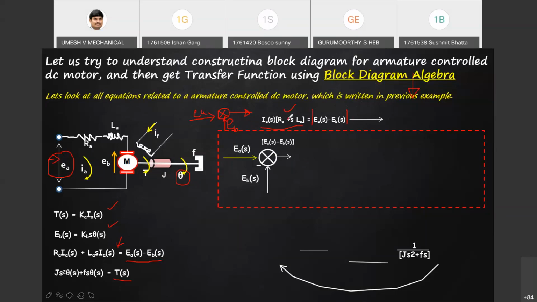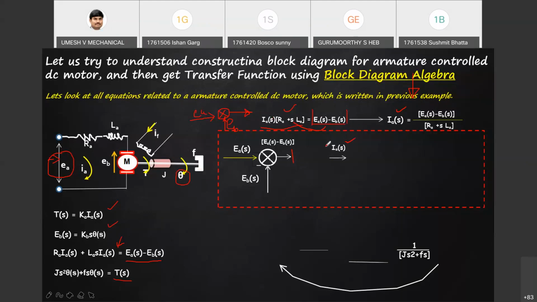That is, IA of S is nothing but EA of S minus EB of S divided by this bracket term. So IA of S equals this particular term divided by RA plus SLA. So in the block, you get that particular term. Finally, you get output IA of S from this.